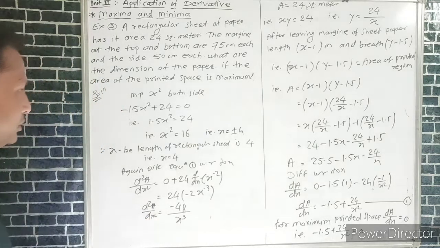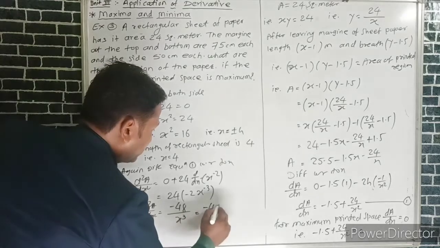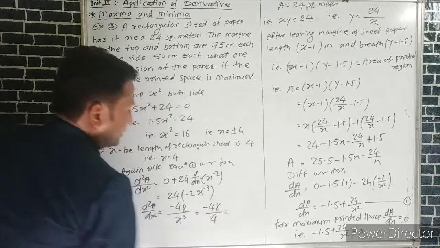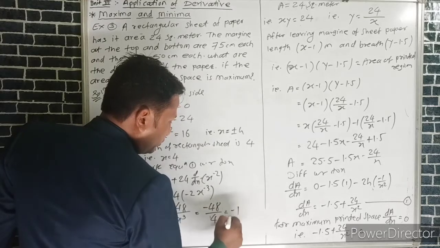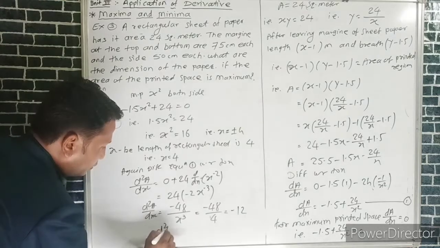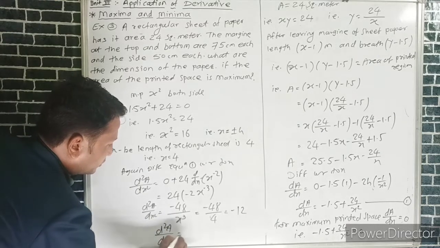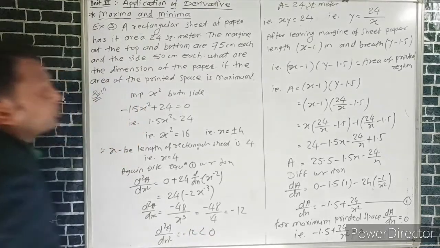If we put the value of x, which is 4, we can write minus 48 upon 4 cube, which gives minus 12. Therefore, d2A upon dx square, which is minus 12, is less than 0.